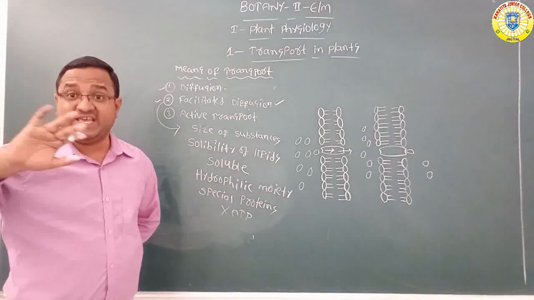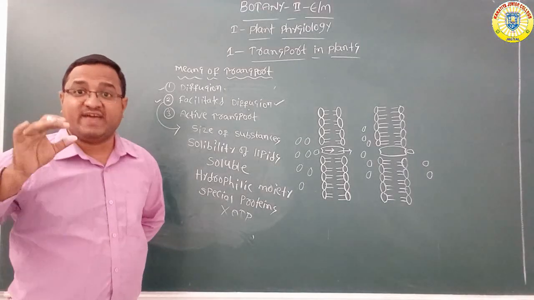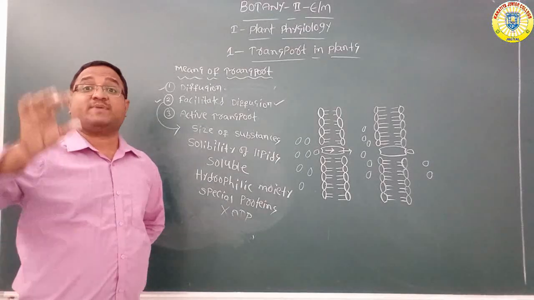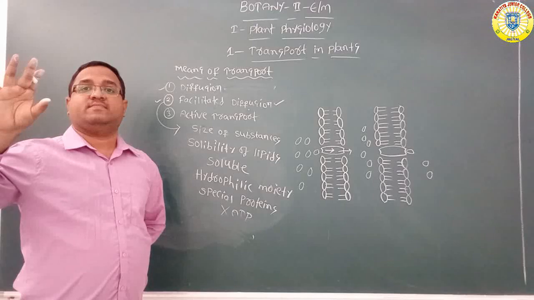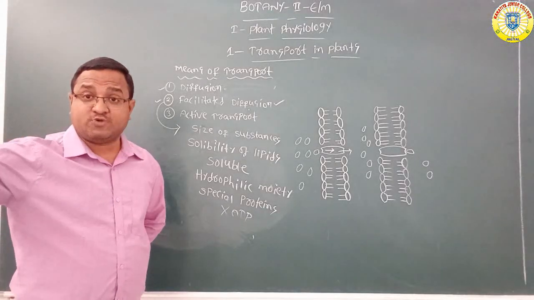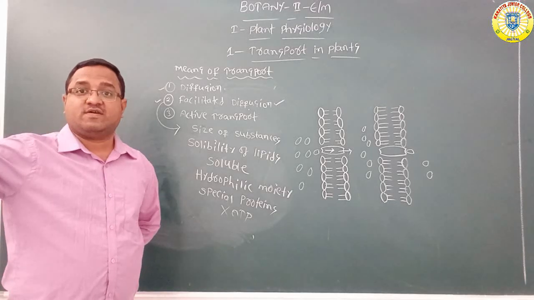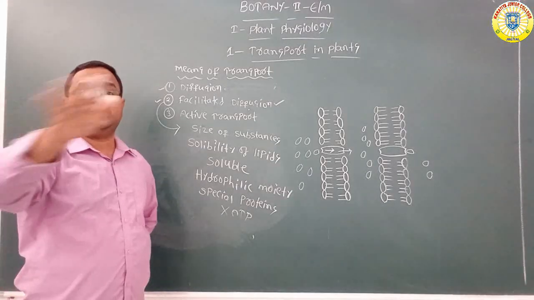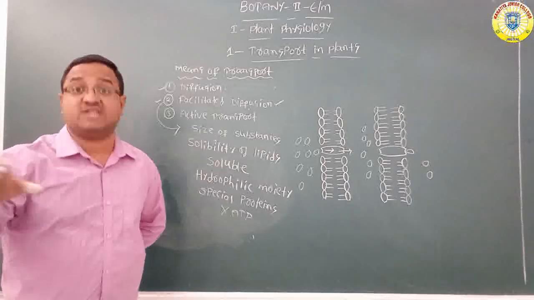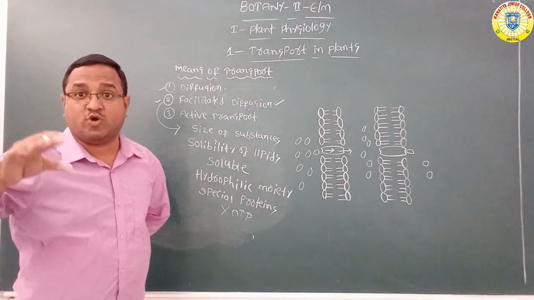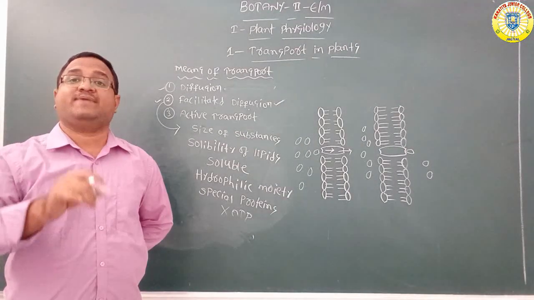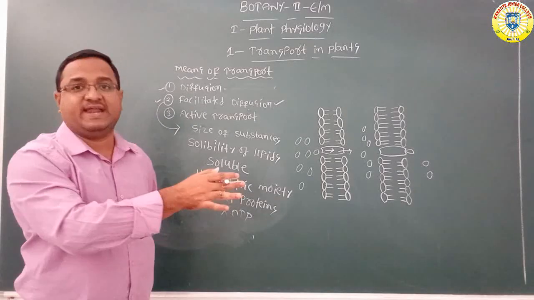There is no need of any energy, but what they need is special proteins, which are present on the cell membrane. Suppose the molecules move from low concentration to high concentration, they need ATP energy. But here there is no need of ATP energy.